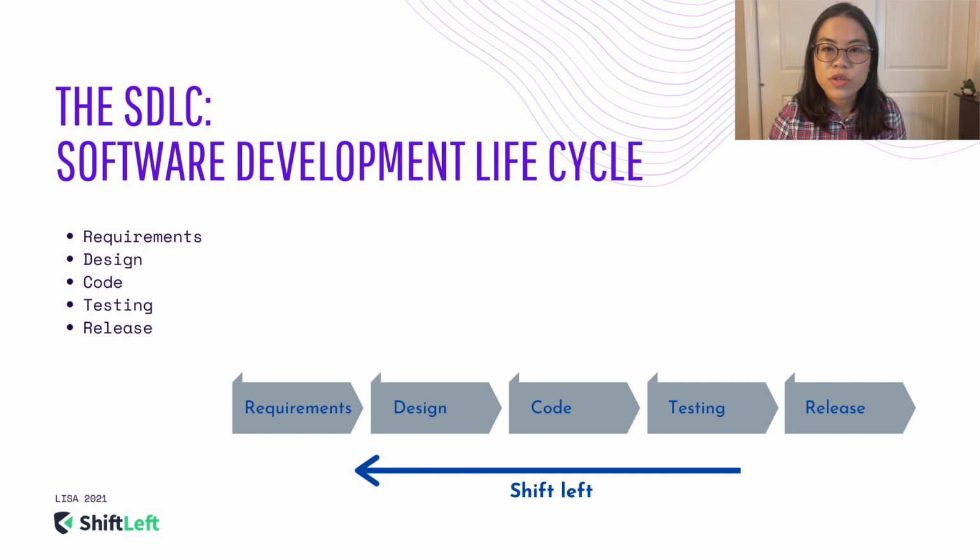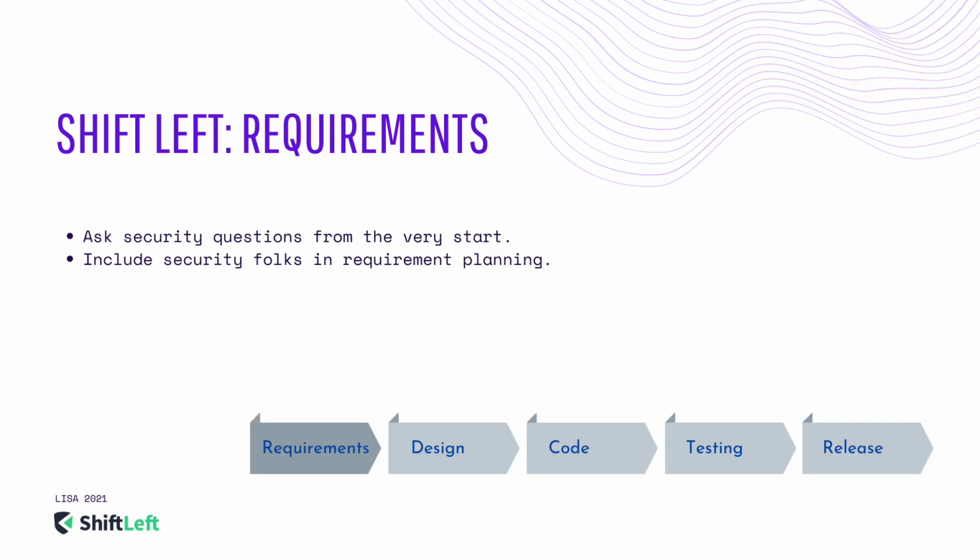It will make it much easier and much simpler to fix the bugs rather than later in the development cycle. And finally, you can better account for the time spent fixing security issues and avoid unexpected deadline pushbacks. So let's discuss how you can implement security measures in each step of the secure development cycle.